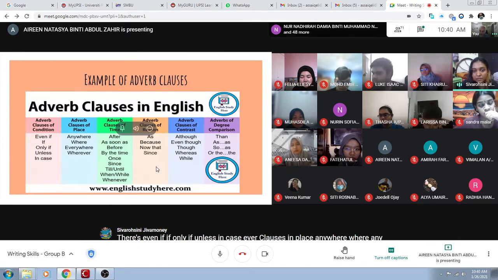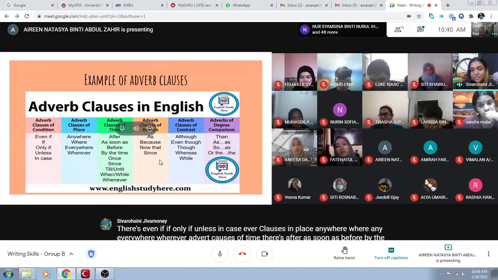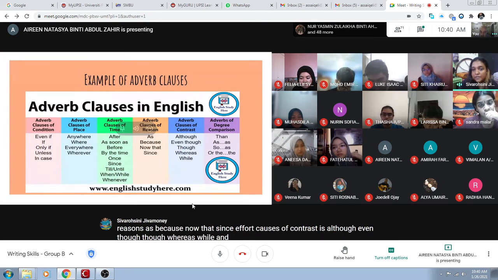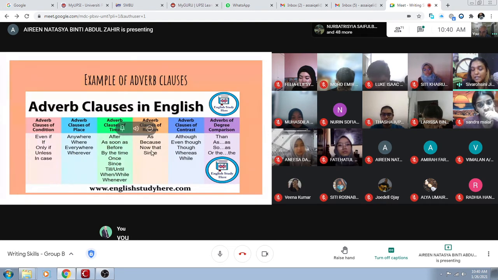Adverb clauses of reason: as, because, now that, since. Adverb clauses of contrast: although, even though, whereas, while. And adverb clauses of degree and comparison: than, as, so as, the, and the.